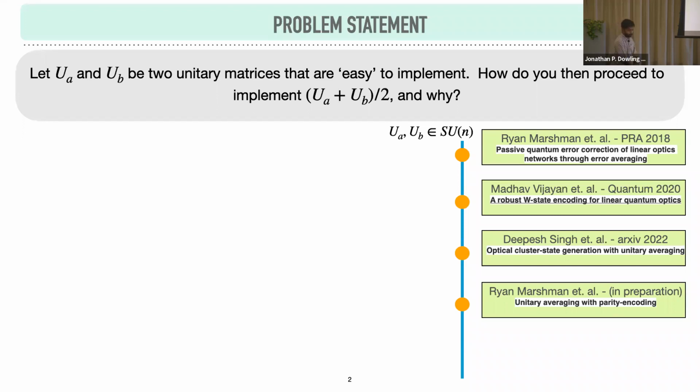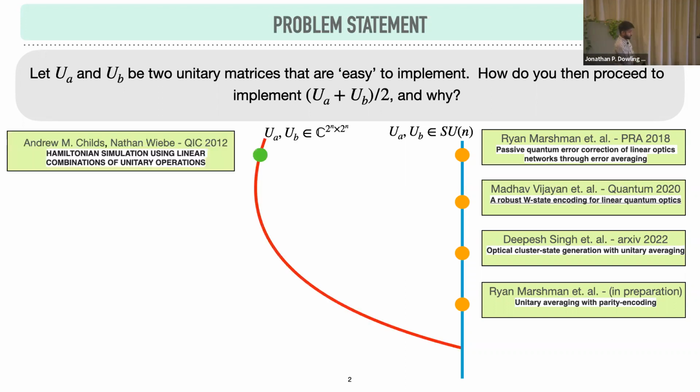Only over Christmas break, a visitor from CQT was visiting UQ, and they told us about a parallel research direction which exists in the context of qubits. There's a paper from 2012 which talks about doing Hamiltonian simulation using this idea of linear combination of unitary operations, or LCU in short.